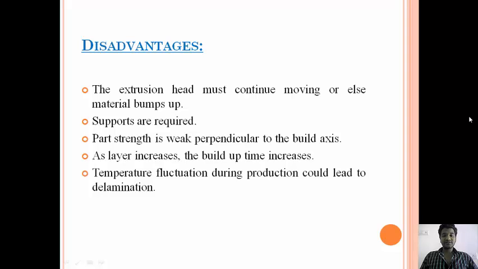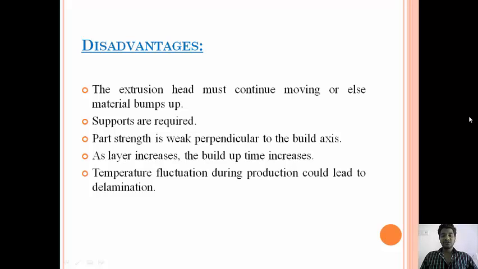As the number of layers increases, the build-up time increases. It is obvious that if we increase the number of layers, the processing time increases, since the time required to make each single layer adds up.